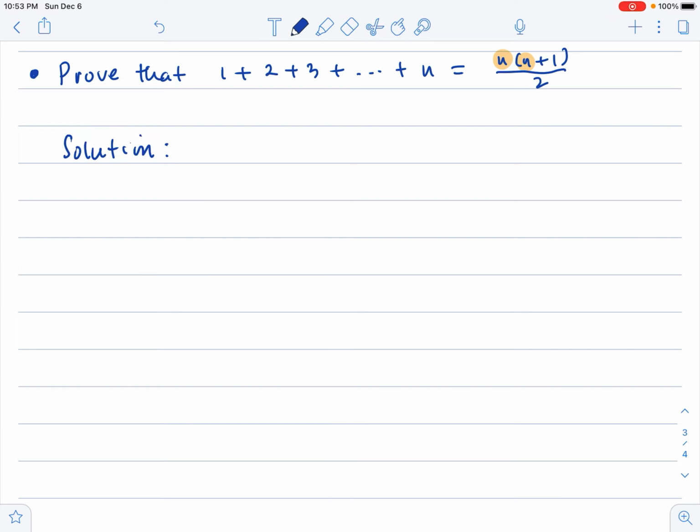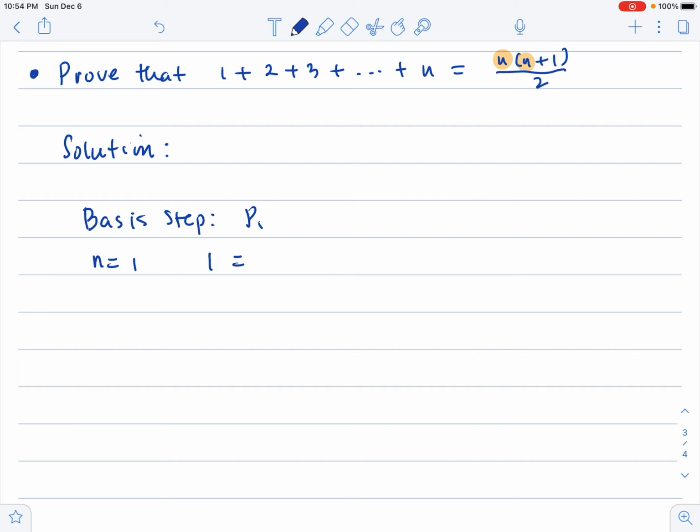So for our basis step or base case, ito yung P sub 1 natin, di ba? This means that n equals 1, di ba? And if n is equal to 1, dito sa ating statement, isa lang yung number natin sa left-hand side. Yun yung 1, di ba? And yung sa right-hand side natin, yung n din natin ay 1.